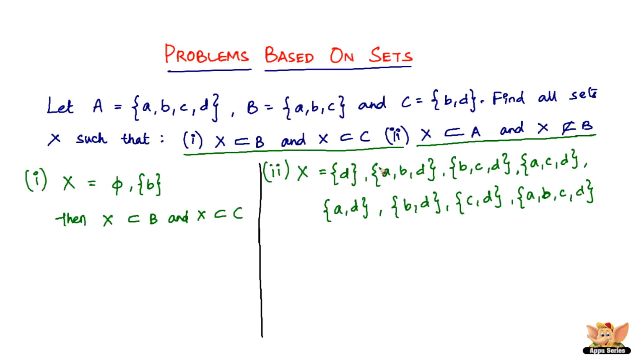That's exactly what we've done here. So X is a subset of A and it is not a subset of B. So the condition is satisfied and hence the problem is solved.